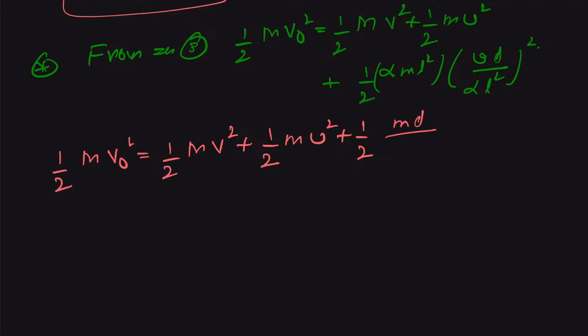So this comes as m d square upon alpha L square times v square. Okay, so this is the basic equation.